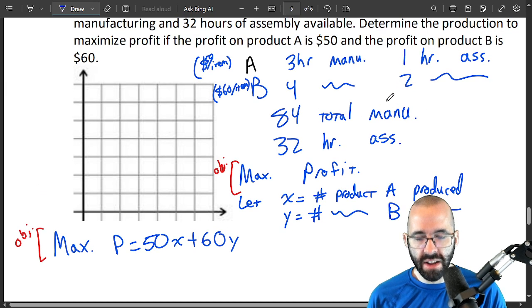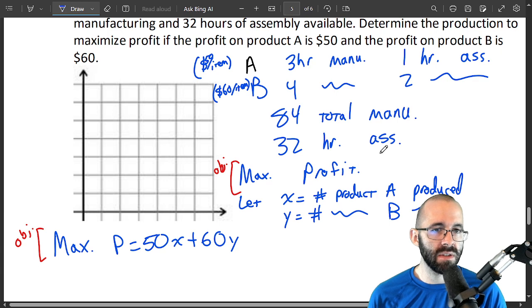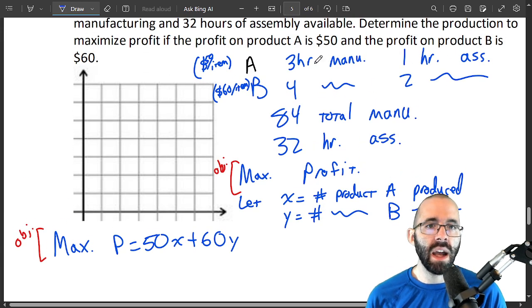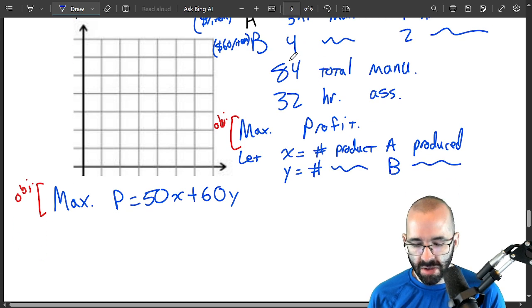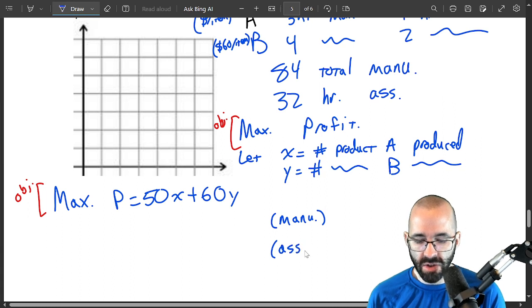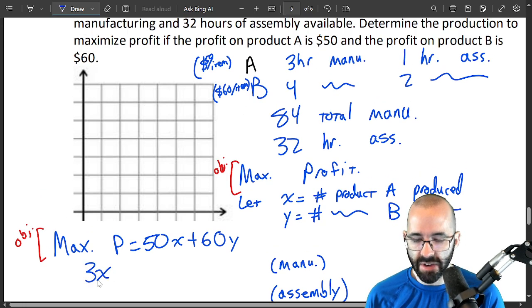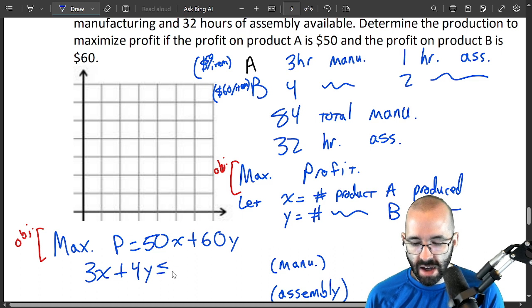Step 3, let's find the constraints. We only have a certain amount of manufacturing hours and a certain amount of assembly hours. So we'll have 1 constraint for manufacturing and 1 constraint for assembly. For manufacturing, product A takes 3 hours and product B takes 4 hours, and we only have 84 total.